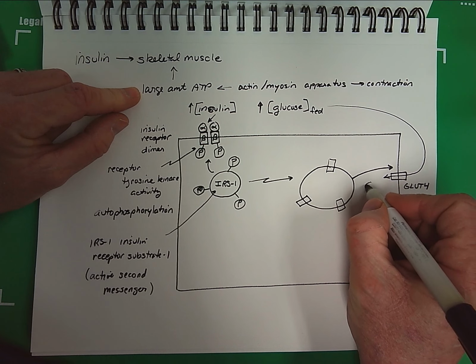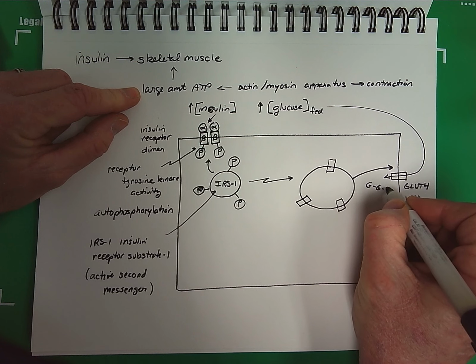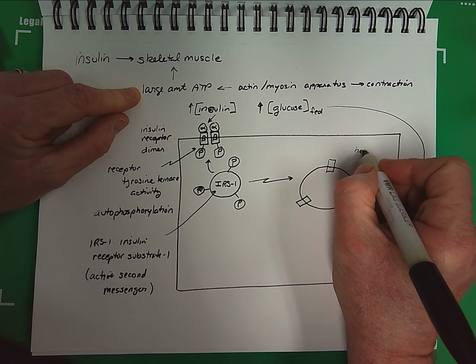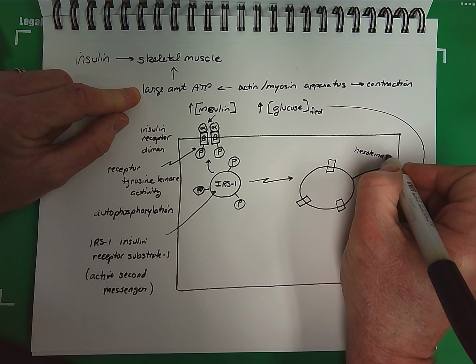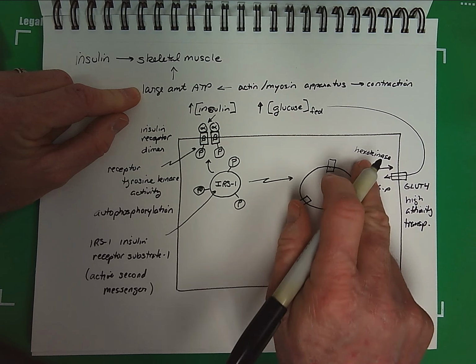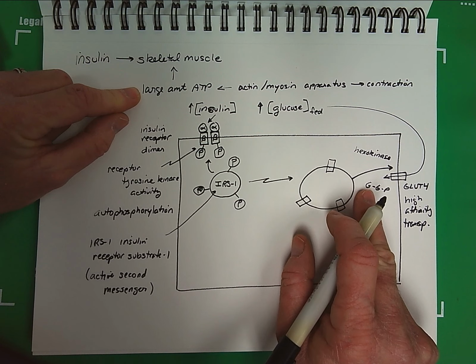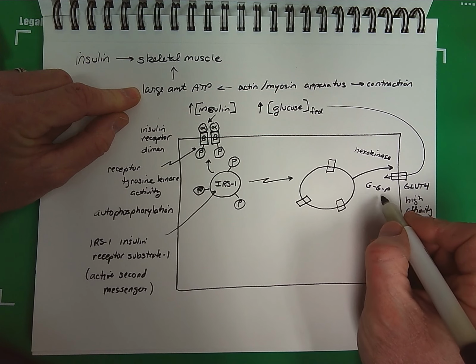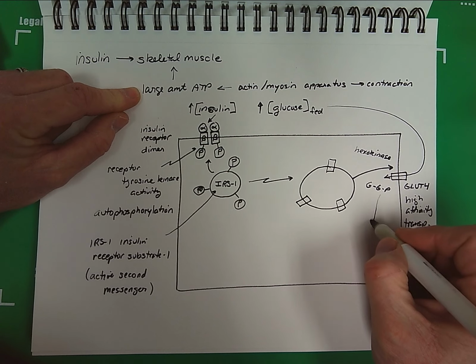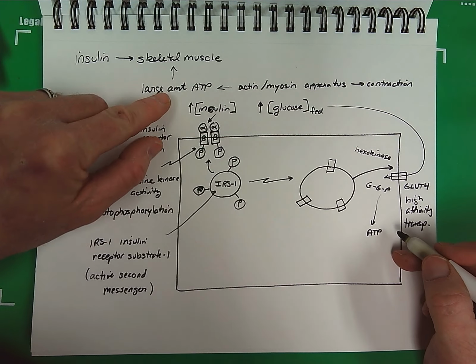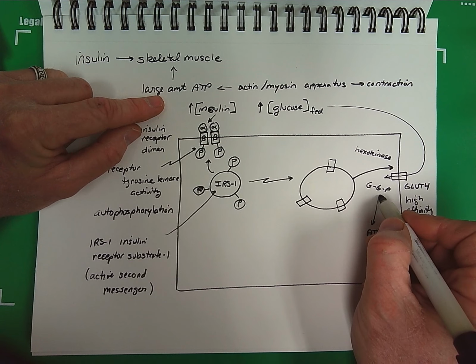Once the glucose is transported inside the cell, it undergoes phosphorylation. This is done by hexokinase, which is a very active enzyme for glucose. First step in glycolysis. Two fates of this glucose. One is for ATP production to accommodate the large needs of the skeletal muscle cell.